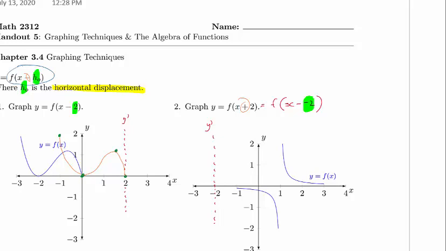So let's look at some of the extreme points. It was like the points that kind of make sense to move over, shall we say. We can see that it passes through the y-axis just below the origin, so about right there. Again, we're moving everything 2 units to the left, so this point goes 1, 2, right there.